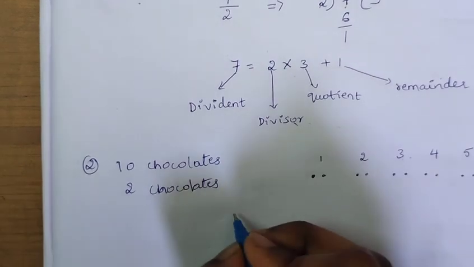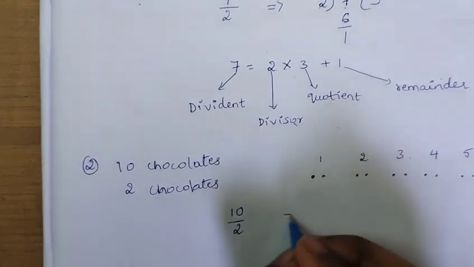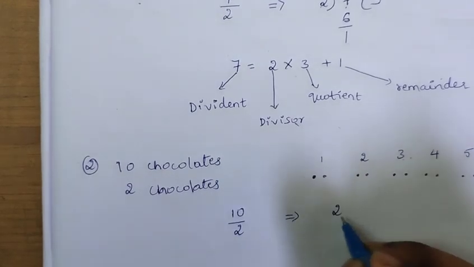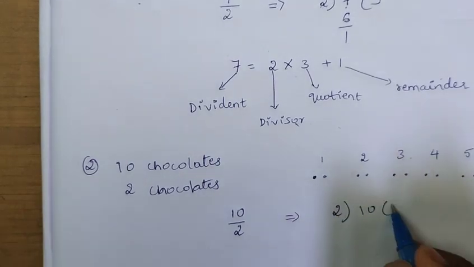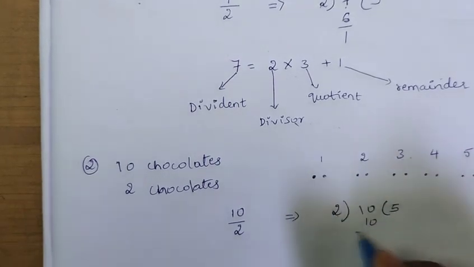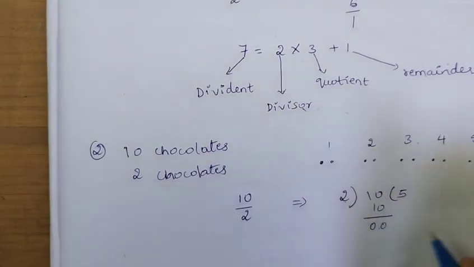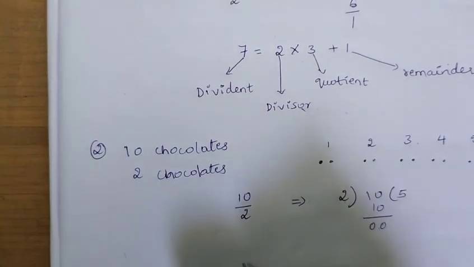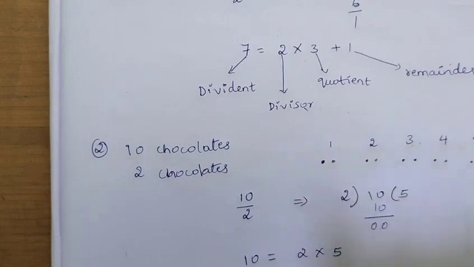Mathematically I can represent it as 10 divided by 2. That means my divisor is 2, dividend is 10. So 2 5s are 10. I got the remainder as 0. So I can express this in statement form as 10 is equal to 2 into 5 plus 0.